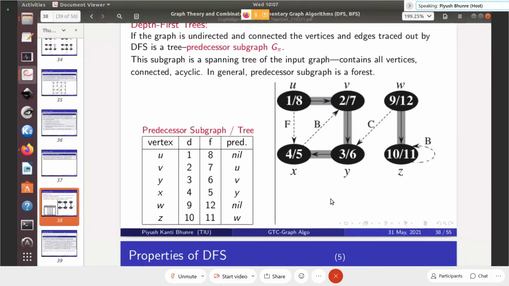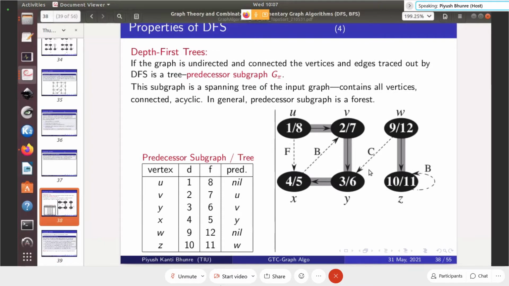As soon as a new vertex is found by the search algorithm, we add the predecessor, that means the vertex through which the current vertex is discovered. For example, in the figure, DFS discovered vertex y through v. So v becomes the predecessor of y. Similarly, y becomes the predecessor of x and so on.